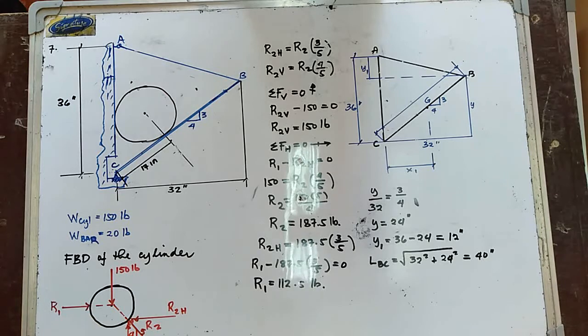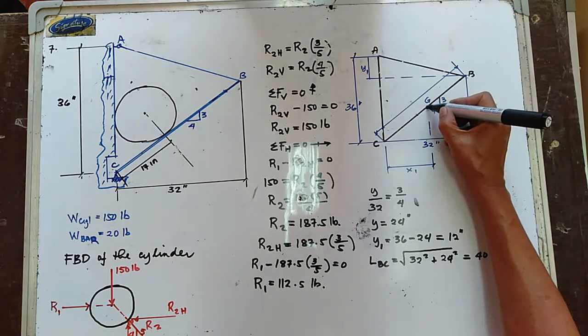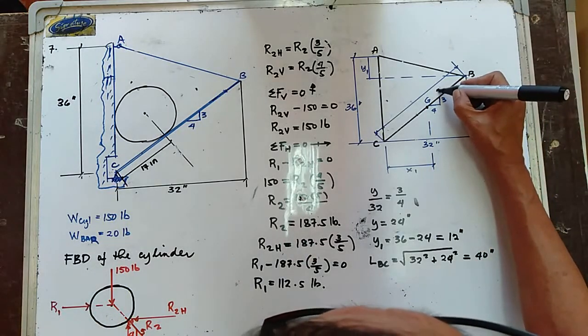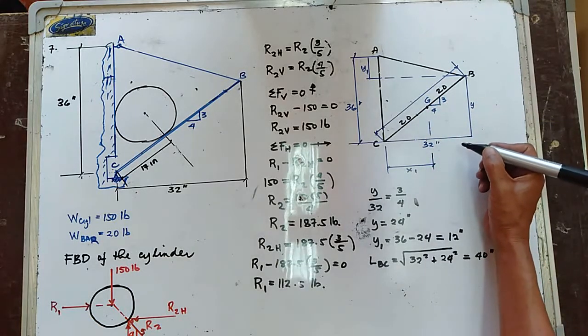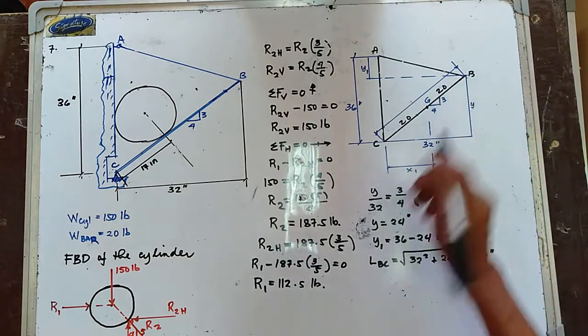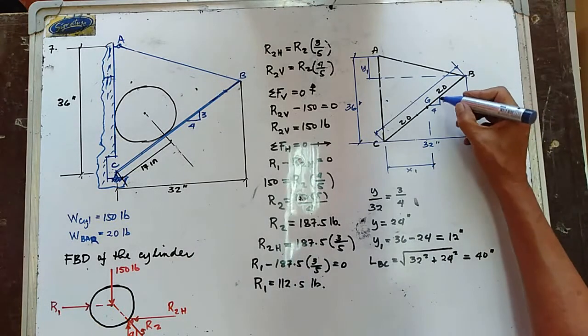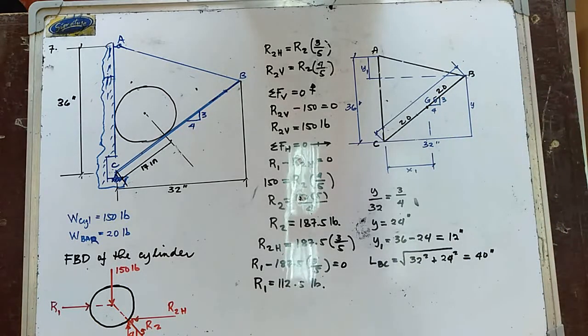Now, if you try to get the center of the bar, this is the center of the bar. So this one in here is 20. And the slope in here is equal to 5. Again, using similar triangle, we have x1.